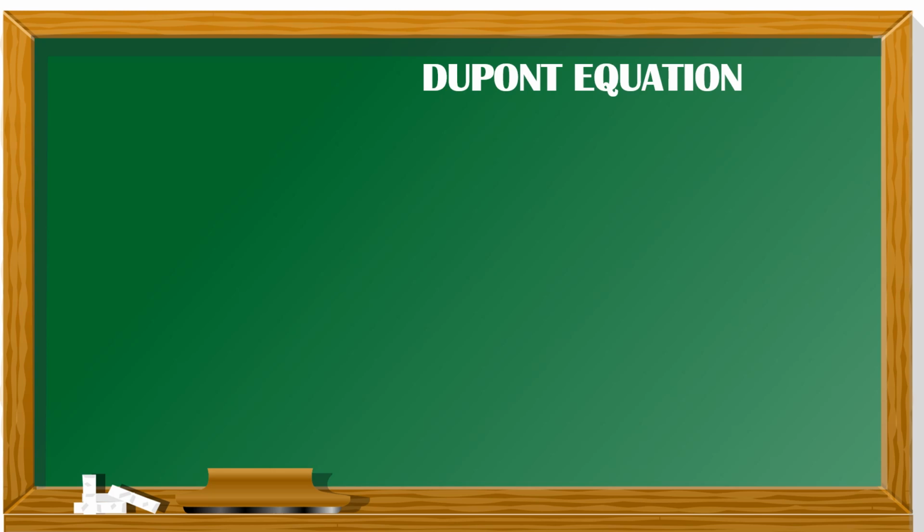Okay, so we have here the last type of ratio analysis, that is the DuPont equation. The DuPont equation is a framework for analyzing fundamental performance popularized by DuPont Corporation. The DuPont analysis is a useful technique used to decompose the different drivers of return on equity. Basically, the DuPont equation is an alternate equation for the ROE.